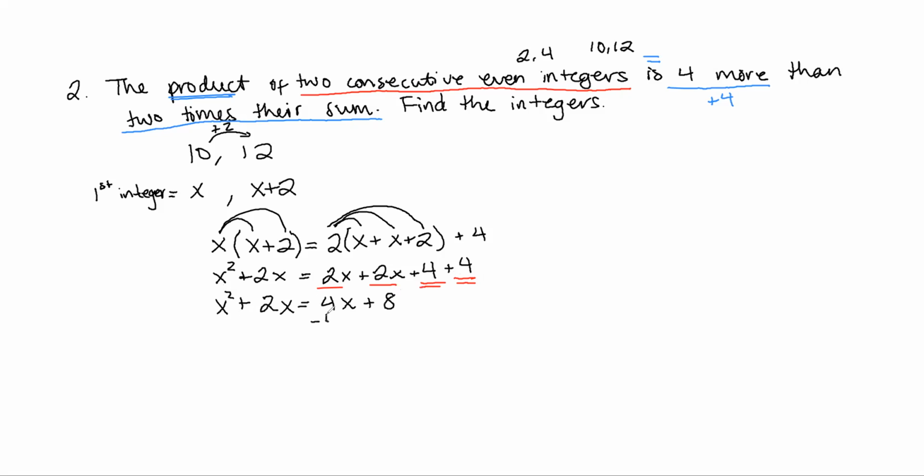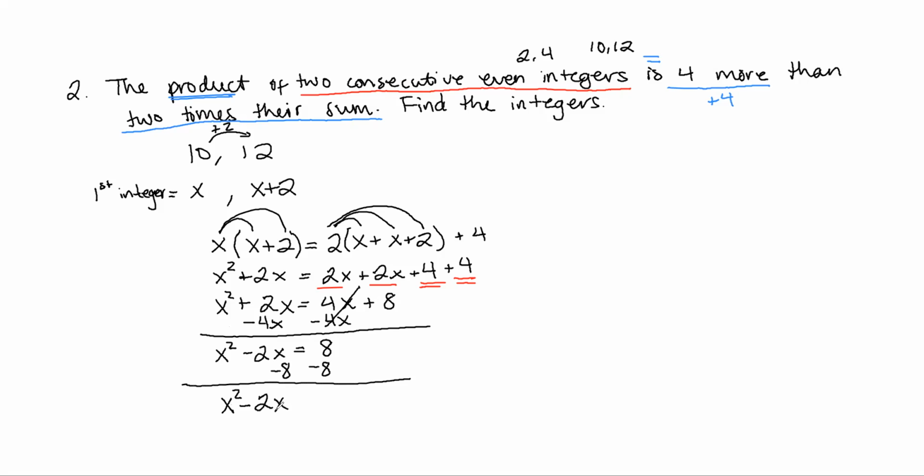I'm going to subtract 4x from both sides. If you wanted to do this in one step, you totally can. So we get x squared, 2 minus 4 is negative 2x, and then equals 8. Then I'll move the 8 over to the left. It doesn't have any like terms, so we're just going to add it on to the end. So x squared minus 2x minus 8 equals 0.